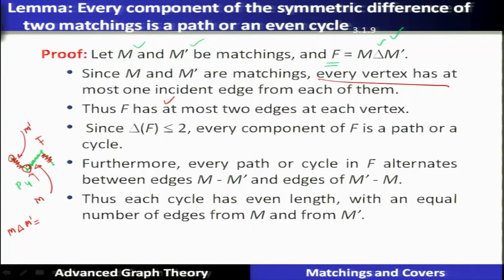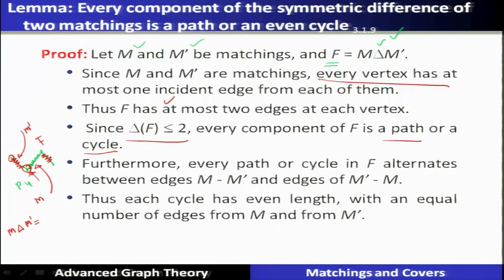Here there are 2 edges, and here there is 1 edge, which is also at most 2. Hence the degree of the vertices in F is at most 2. So, if the degree is at most 2, then it will be either a path or a cycle. If all the vertices have degree 2, it becomes a cycle. If 2 vertices have degree 1, then it becomes a path.